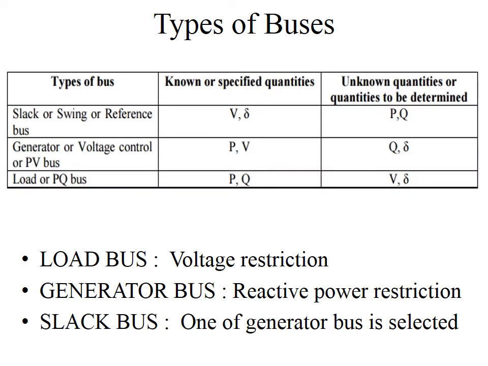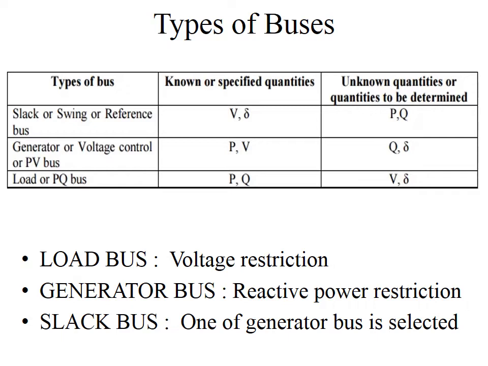The buses of a power system can be classified into the following three types based on the quantities specified for the buses. The table shows the quantities specified and the quantities to be determined for each type of bus.